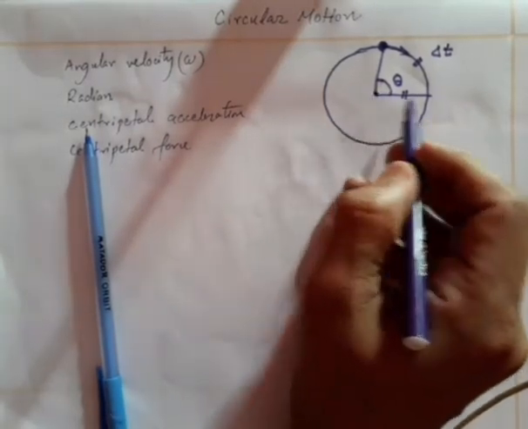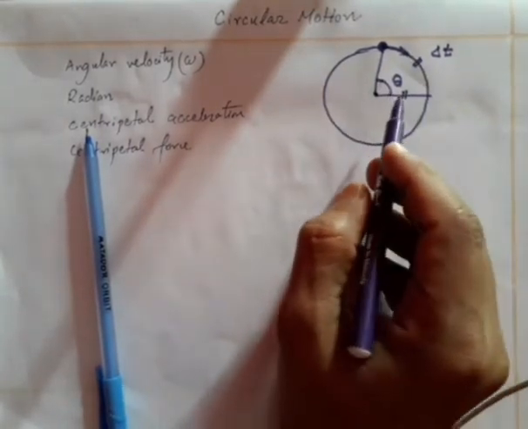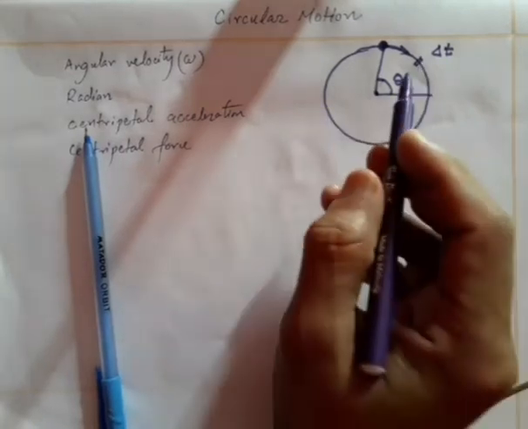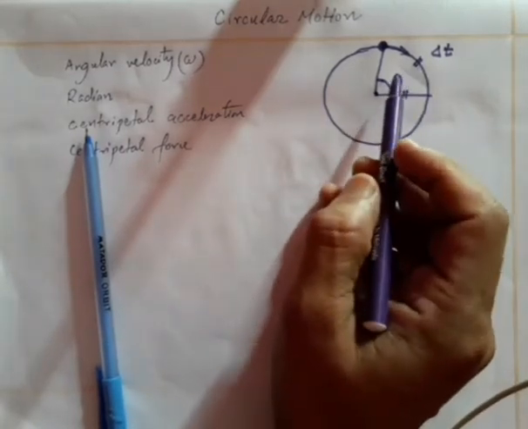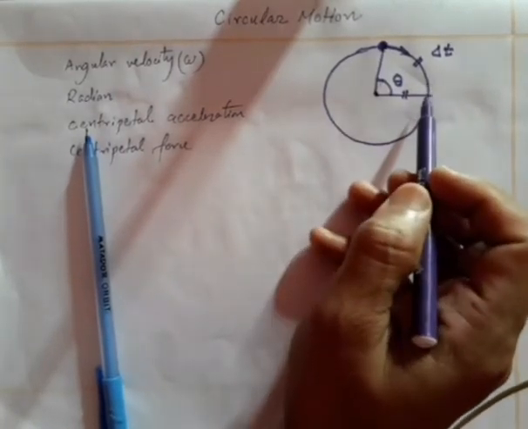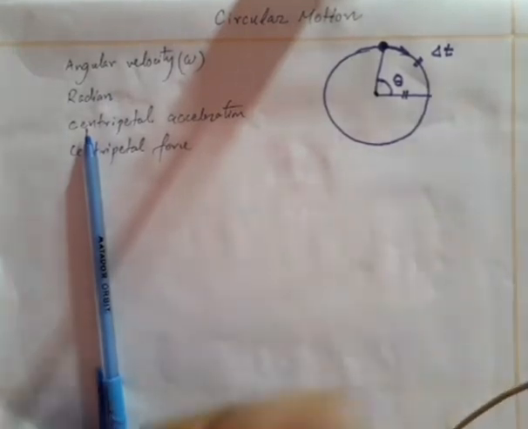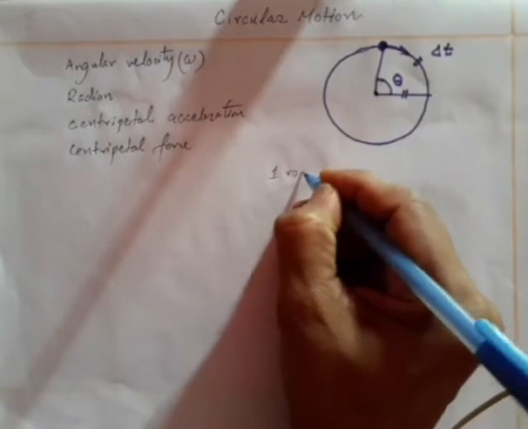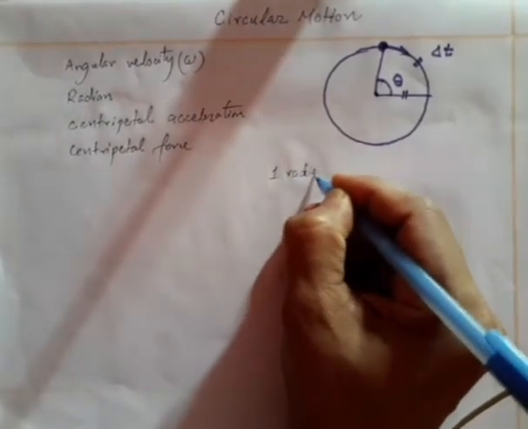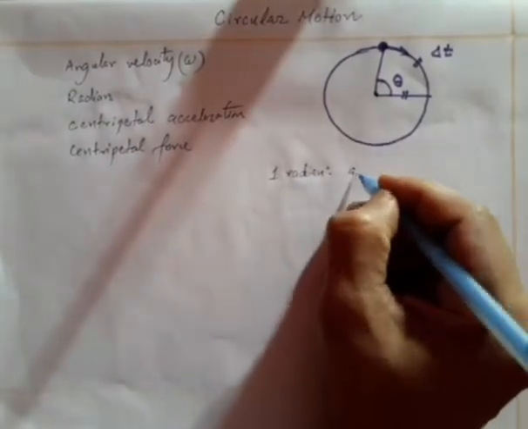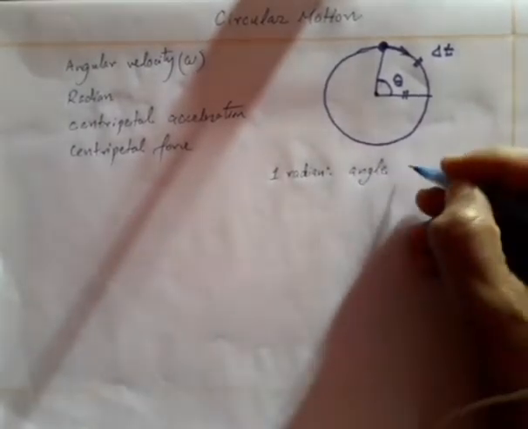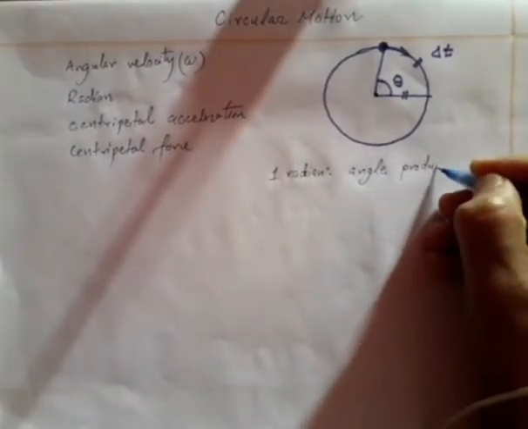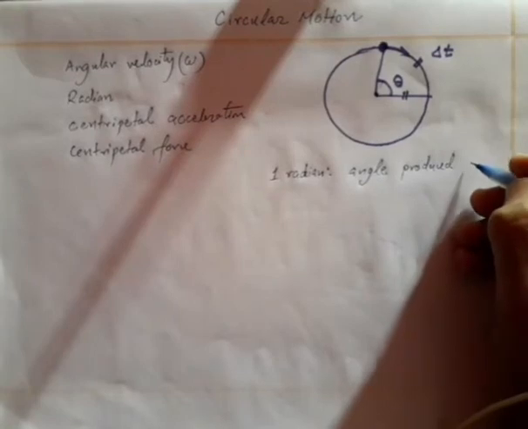So if the arc length and the radius are equal, the angle produced at the center will be called 1 radian. Here in the diagram you can see the arc length and the radius are marked. So you need to learn, memorize the definition of 1 radian. The angle produced by an arc at the center which is equal to radius is called 1 radian.